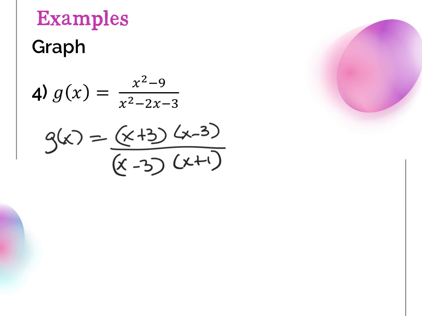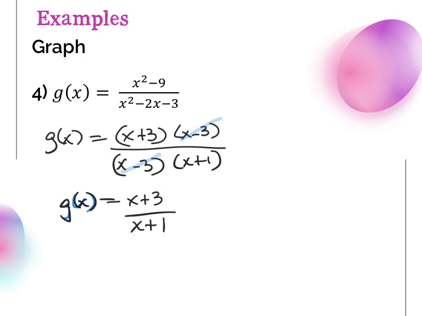To simplify, I have to make a perfect match. I can cross off the x minus 3's, and the simplified function is g of x equals (x plus 3) over (x plus 1). This is the simplified function.